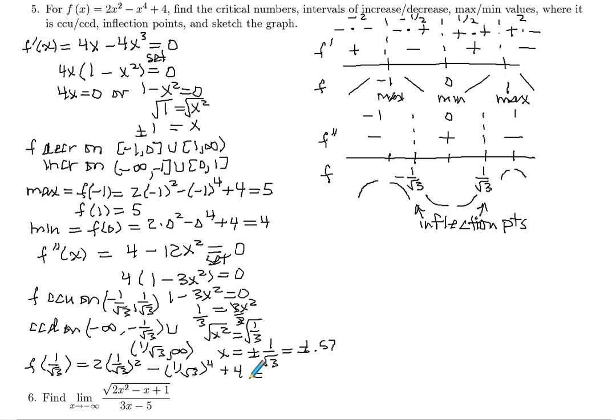And it's okay if you want to do a decimal here. This turns out to be approximately 4.55. And that is the same if you plug in the negative 1 over root 3.